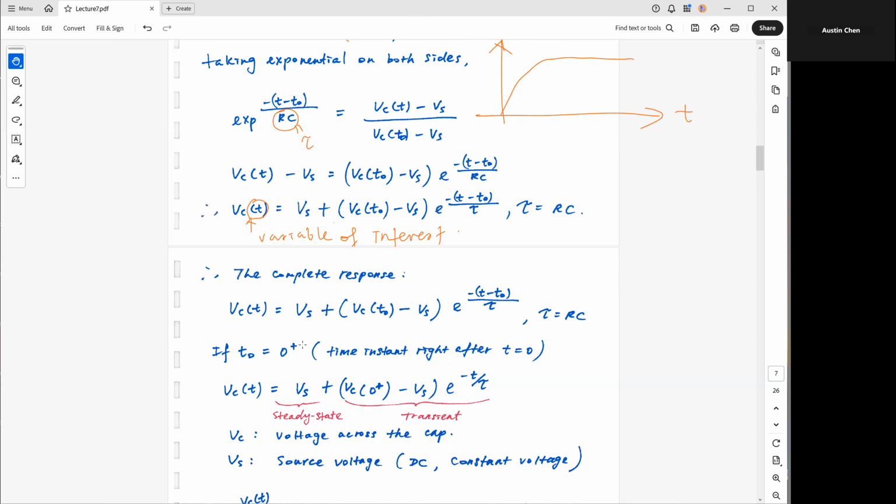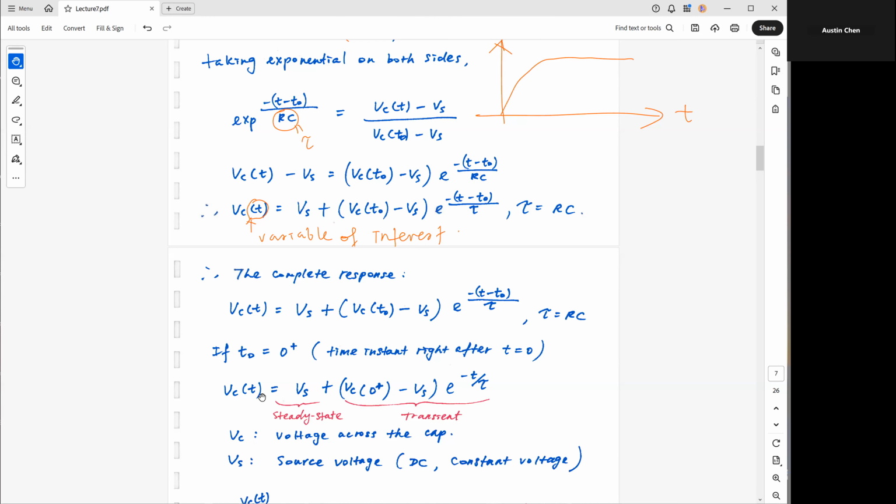So let's say my initial time instant is sitting at 0. So what I can do here is replace this t0 by 0, or 0 plus. I haven't talked about why there is a plus sign here, but we'll just say for now this is equal to 0.